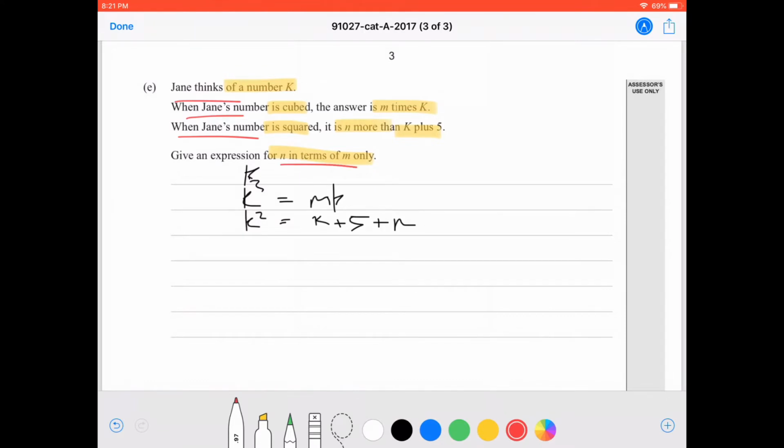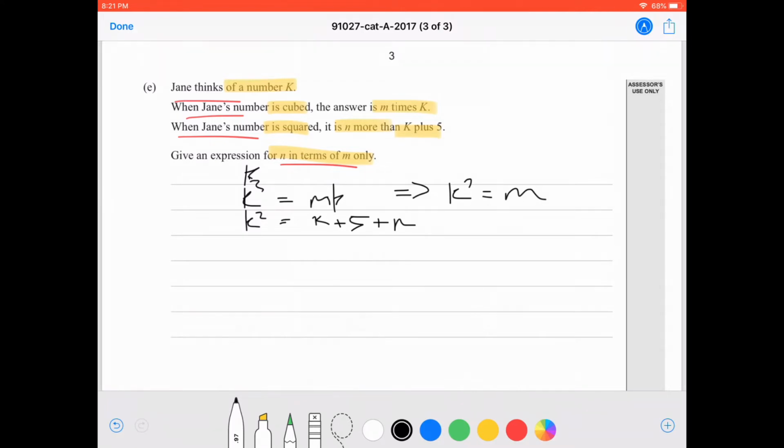So they're asking us to basically eliminate k completely from this equation. Now how do we go about doing this? Well, using this equation, k cubed equals mk, we could divide by k on both sides and say k squared equals m.